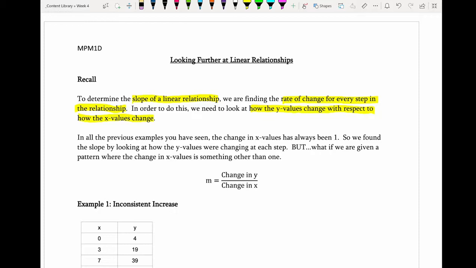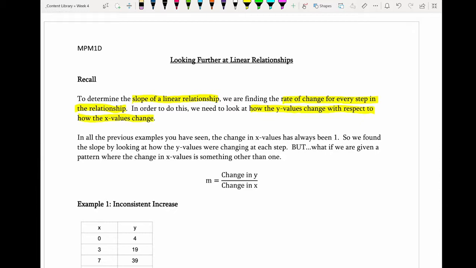In previous examples, in most cases, the change in x values has always been 1. I think there was one example that we may have looked at in a previous lesson where that wasn't the case, but in most cases, the change has always been 1. So basically we found how the y values changed at each step, and that was our slope.